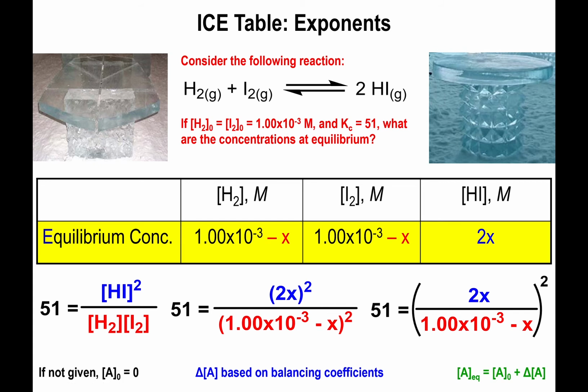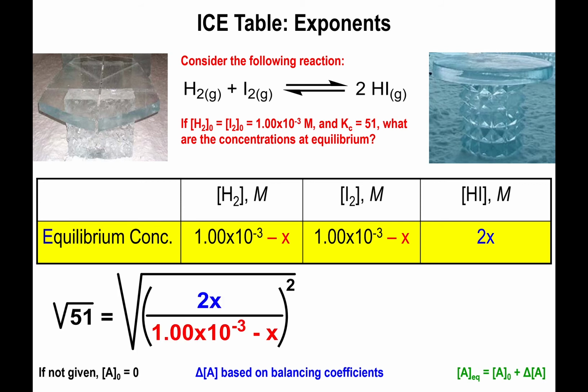And this simplifies the process a lot because all you have to do now is take the square root of both sides. If you do that, you get rid of the nasty expression on the right side. The square root of 51 is 7.14. The square root of the expression on the right is simply the ratio 2x divided by 1 times 10 to the negative 3 minus x.